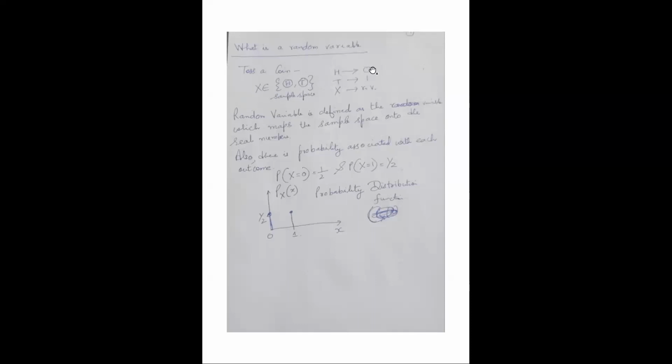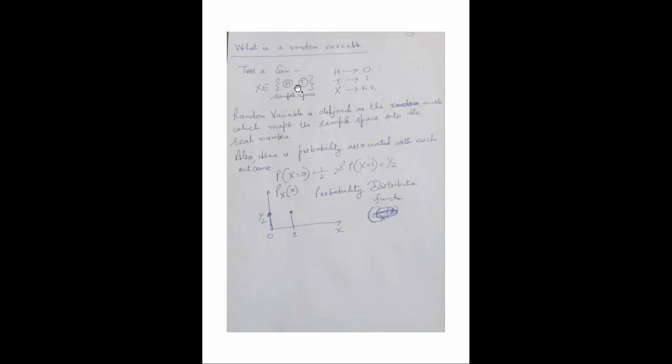Now let me define random variable. What is a random variable? A random variable is defined as a variable which maps the sample space onto the real numbers. This is a simple and very correct definition of random variable.